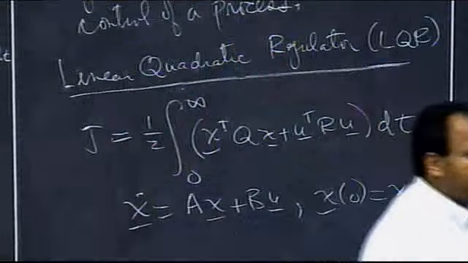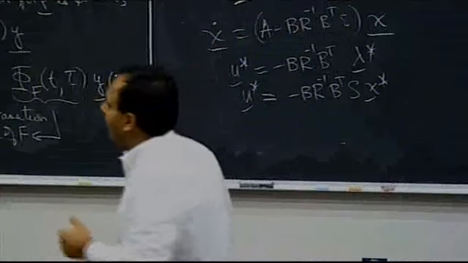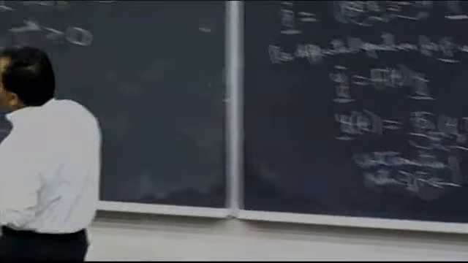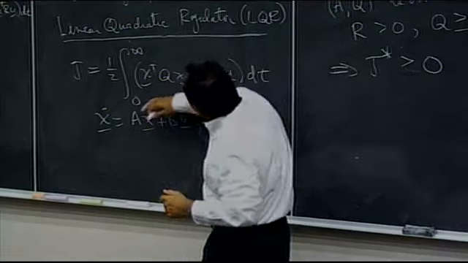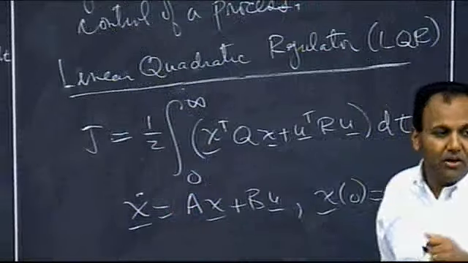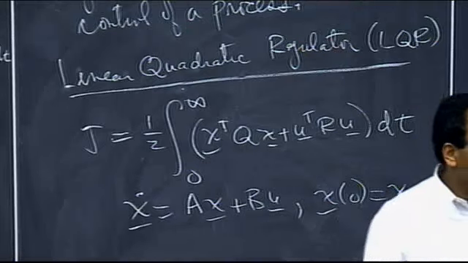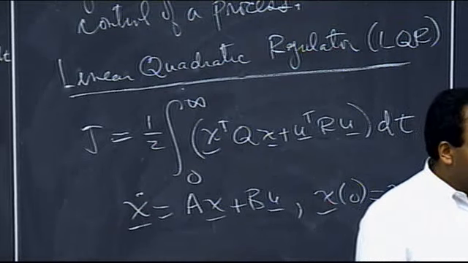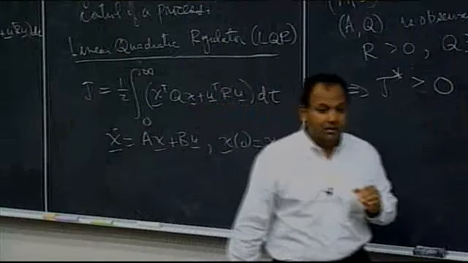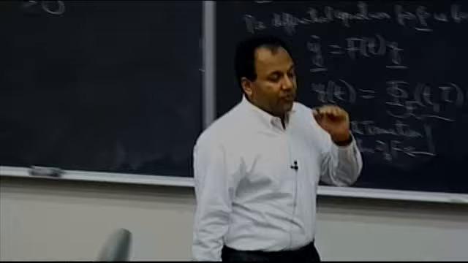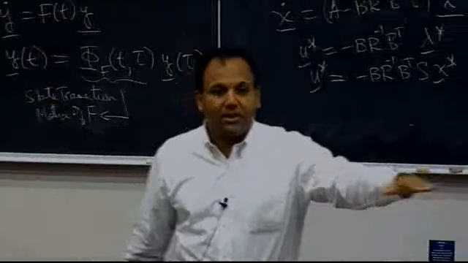In order for it to go to plus infinity, what is actually required? There are certain things that are required in this integrand. I cannot integrate a function from 0 to infinity where the integrand, what has to be true about the value of the integrand as t goes to infinity? You know this about integrating a function on an infinite horizon: the value of the integrand has to go to 0.